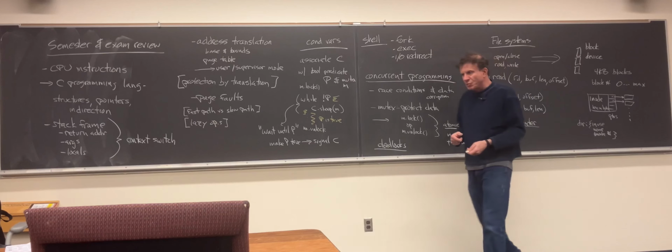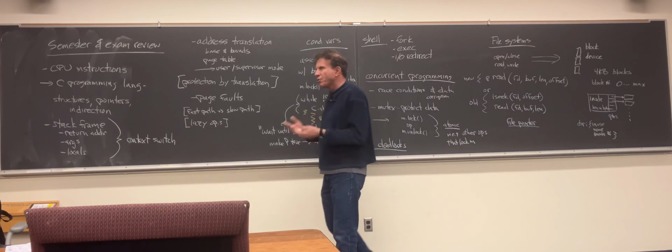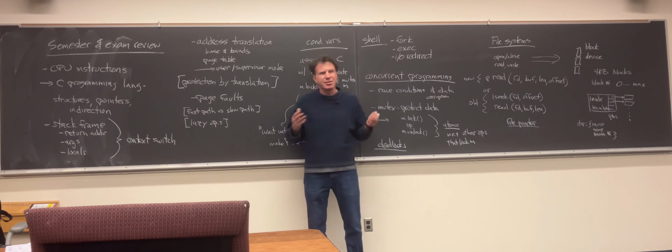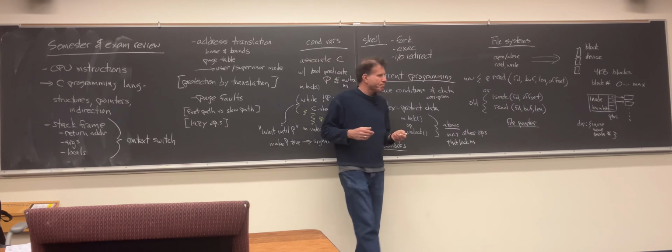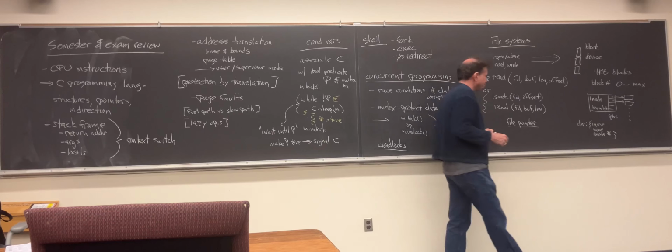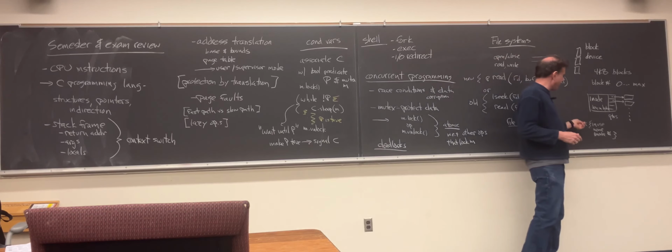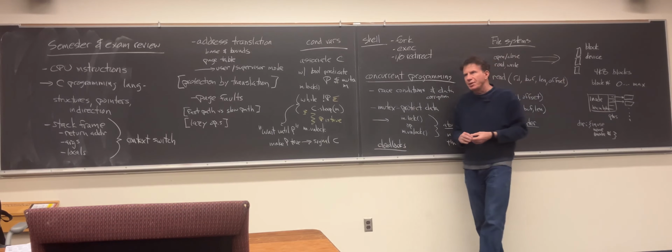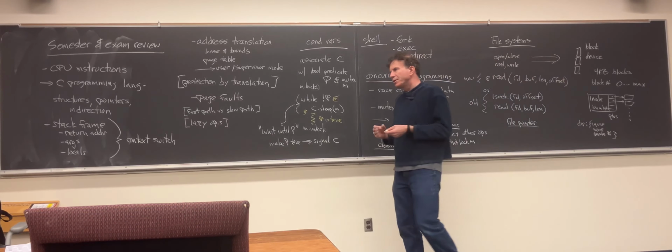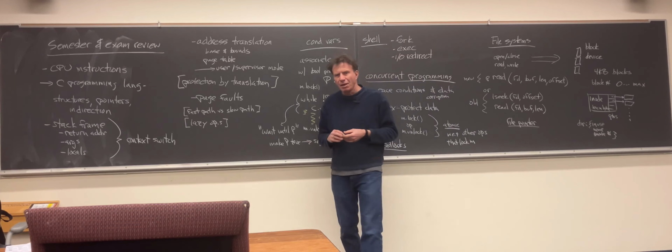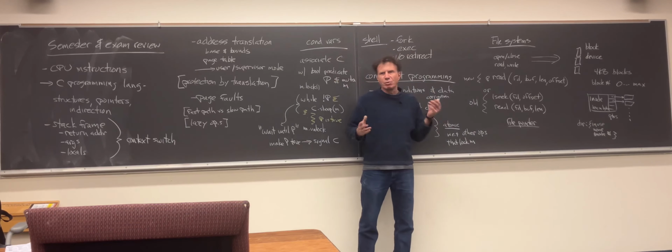Each object has the same structure. If it's a directory, it doesn't contain file data. It contains an array of directory entries, and we can search in that array to find an entry that we're looking for.